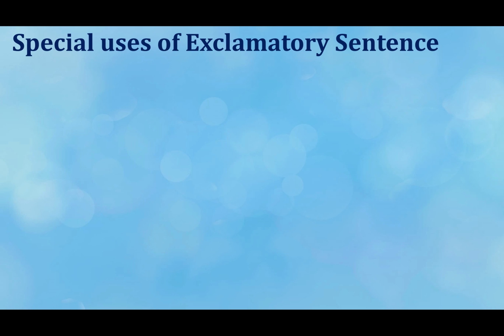Special uses of exclamatory sentence. Some special uses are there. For example, the sentence is, help, help, shouted the woman. In this case, you will just say the woman shouted for help. He said, goodbye, friends. Whenever you get this type of sentence, you have to say he bade his friends goodbye. The past form of bid is bade.